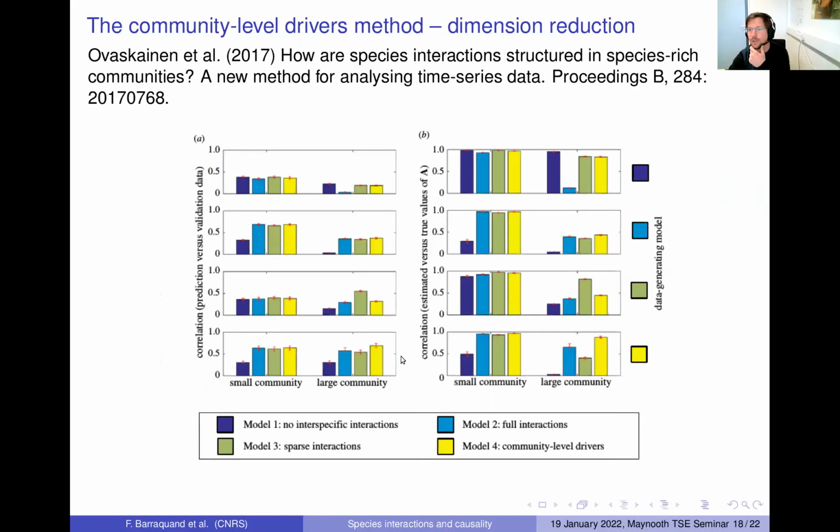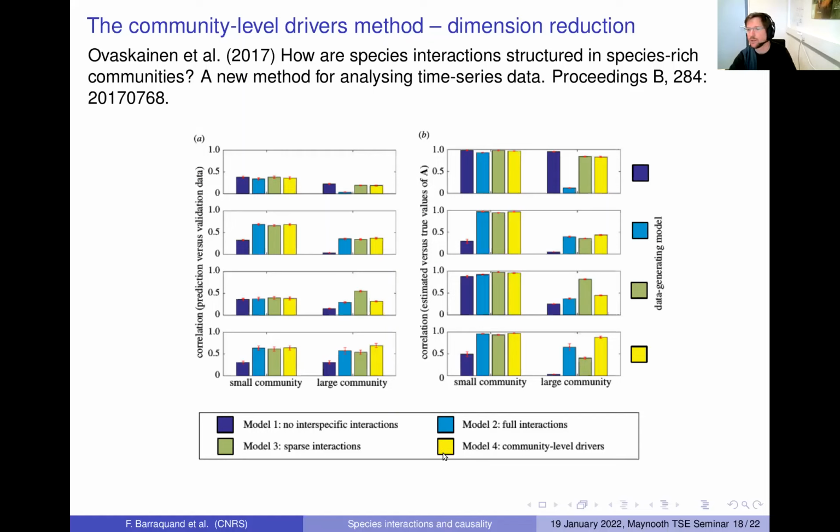And they have some simulations as well, which suggest that this approach, which they call the community level drivers approach, is doing overall better than the sparsity approach. Which, of course, it might, but if you do slightly different simulations or you use slightly different data, the sparsity approach may prove better eventually.